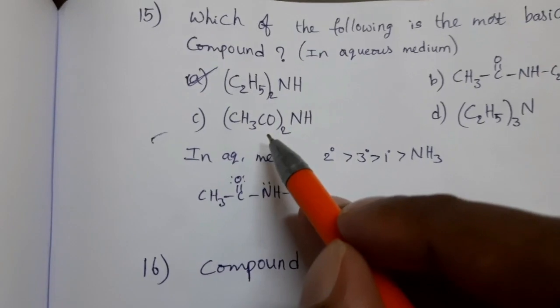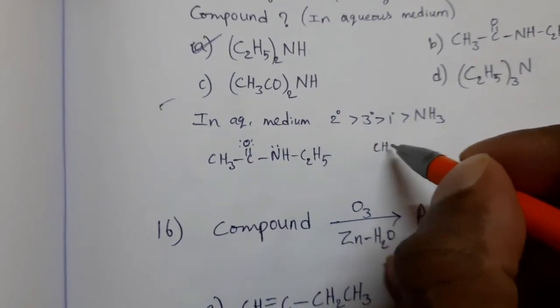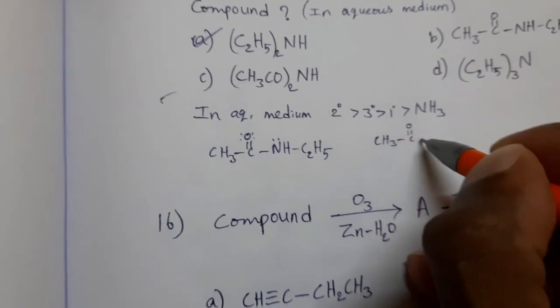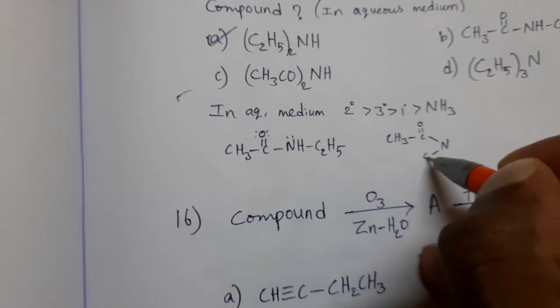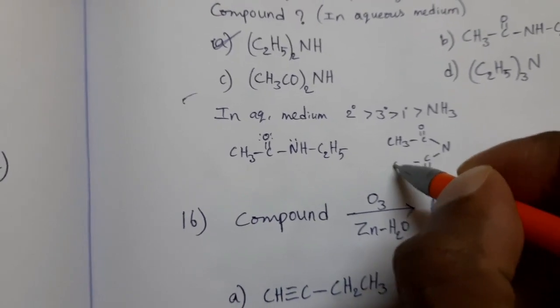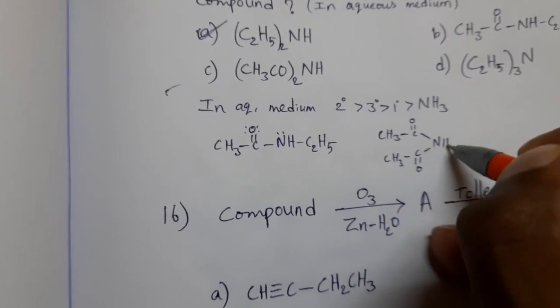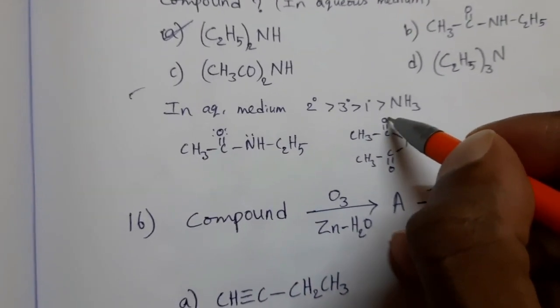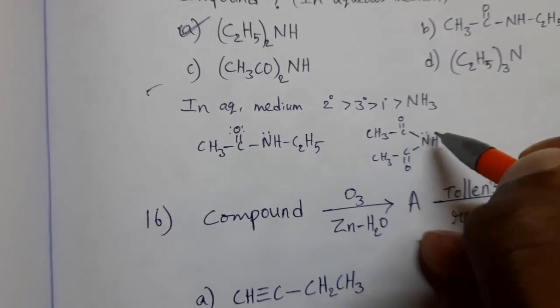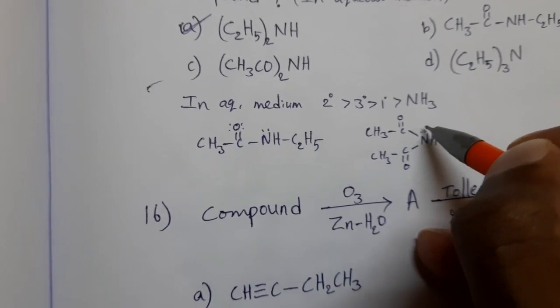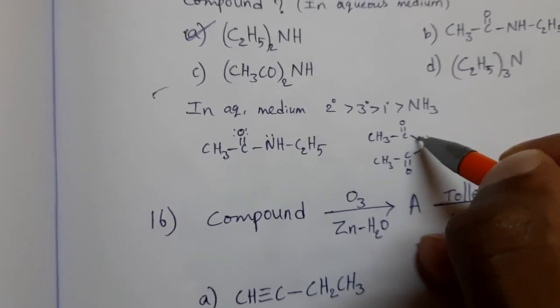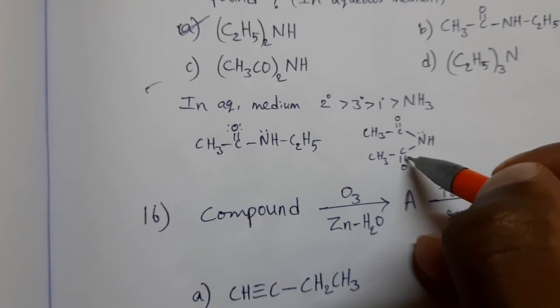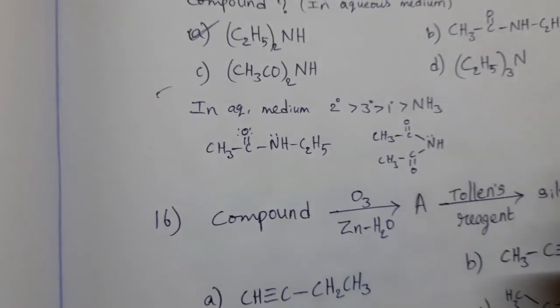Similarly, option C, CH3C(=O)NHC(=O)CH3. Here in this also, these pi electrons are shifted to oxygen. This lone pair present on the nitrogen is involved in the double bond formation, or on this side also the lone pair of electrons shifted to oxygen.